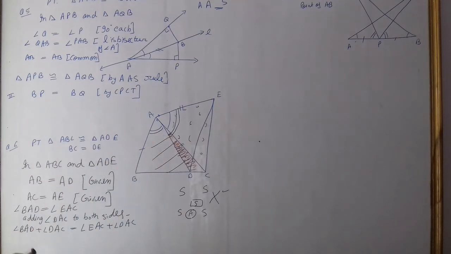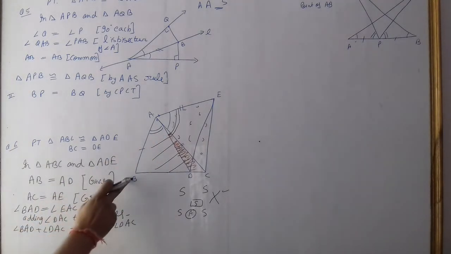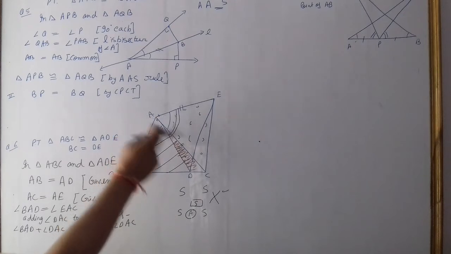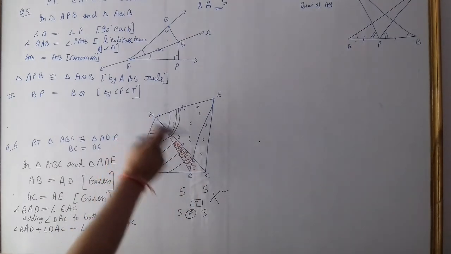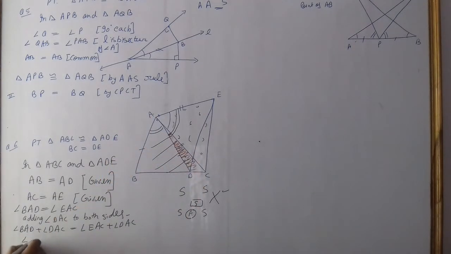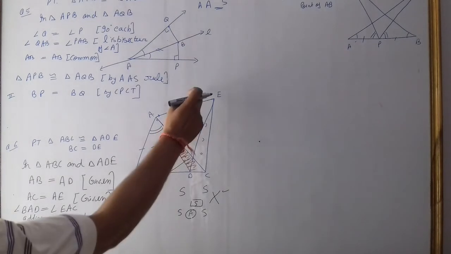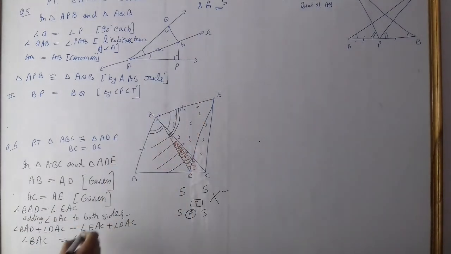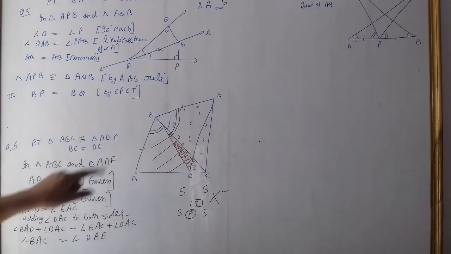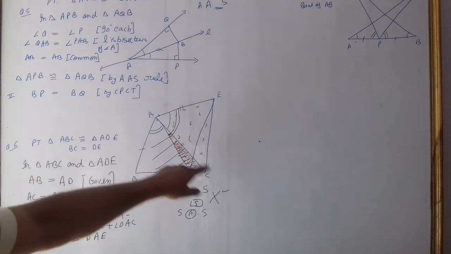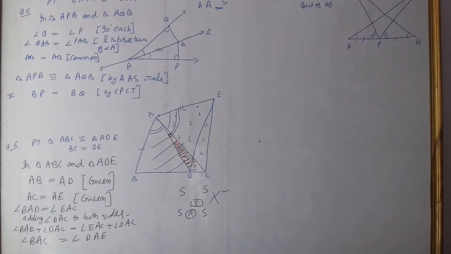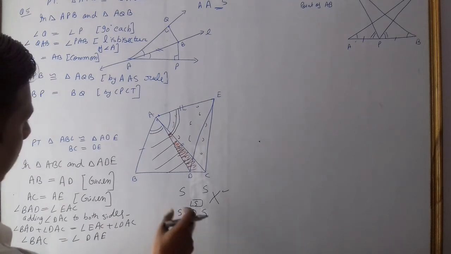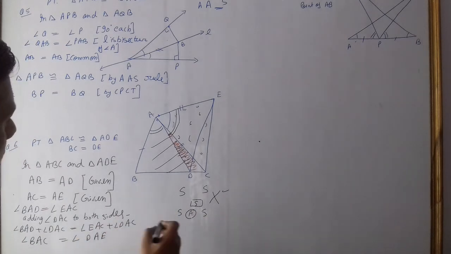Then we can write angle BAD plus DAC becomes angle BAC. Angle BAC is equal to angle DAE. Right? Then we have side angle side. Is it clear, student? We can write that the two triangles are congruent by side angle side rule.